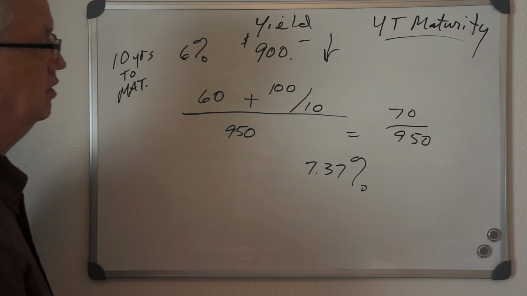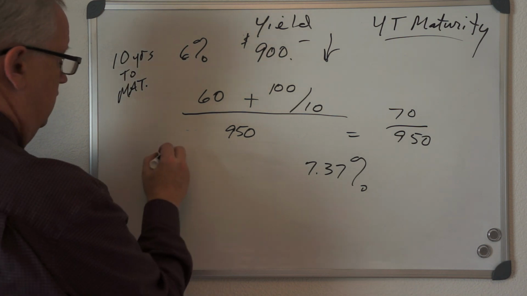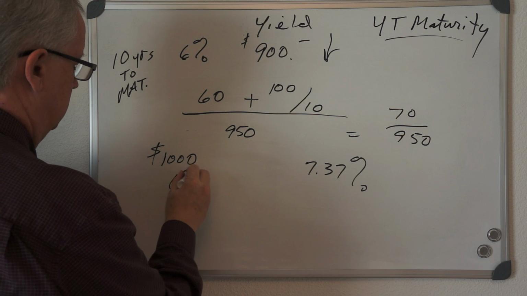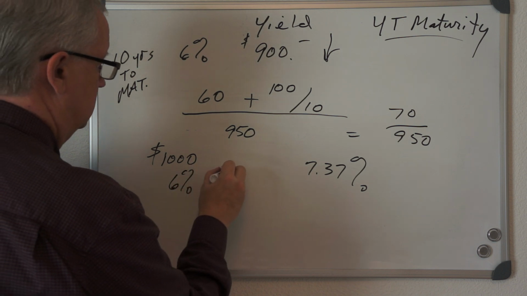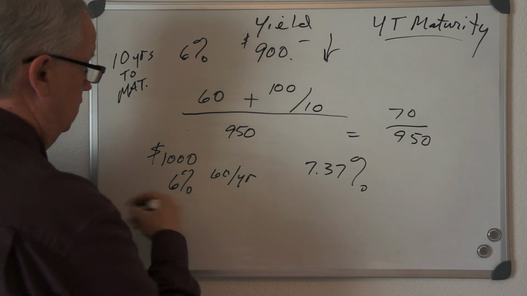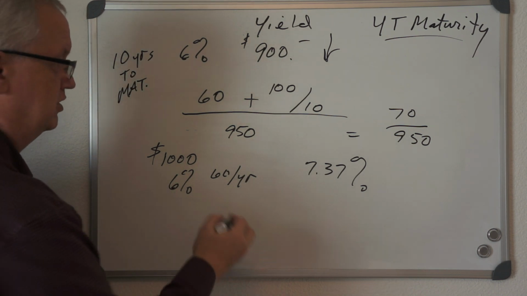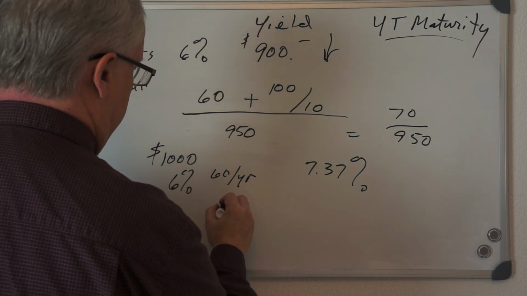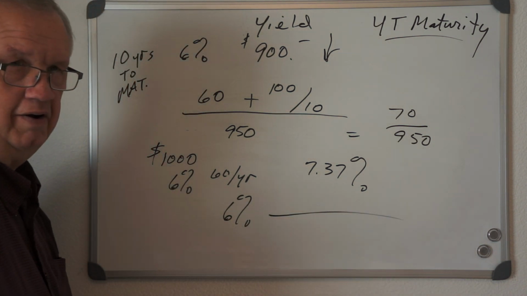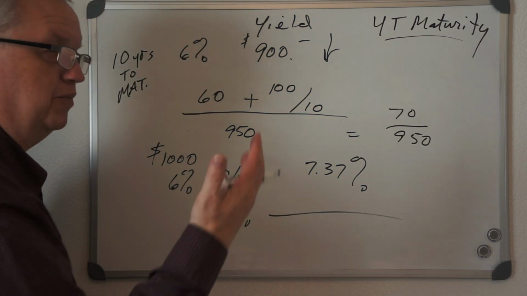Not the 6%. Somebody who buys a bond at $1,000, 6%, they're going to get $60 a year, every year and forever. So, what's their yield? 6% always. Doesn't matter. What if the interest rates go down or up? Doesn't matter.